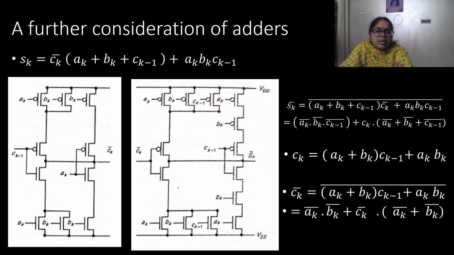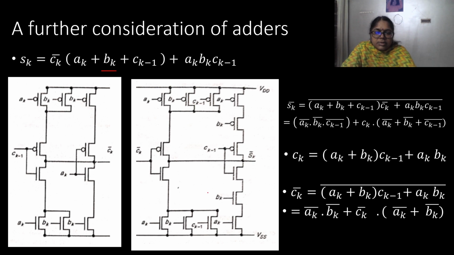So we know sum is equal to Ck bar into (Ak plus Bk plus Ck minus 1) plus Ak Bk Ck minus 1. Now Ck bar has already been generated by the carry part of the circuit. So that is taken as the input here. We have Ak plus Bk plus Ck minus 1.